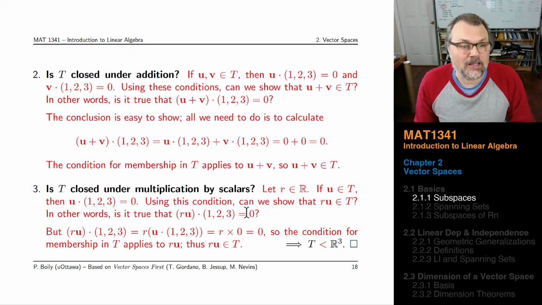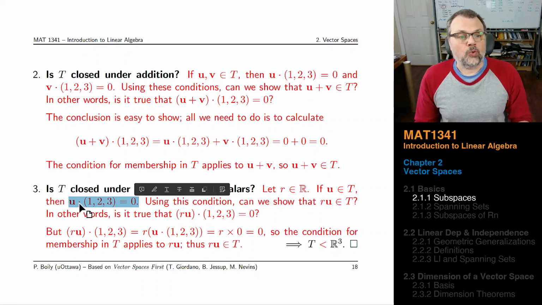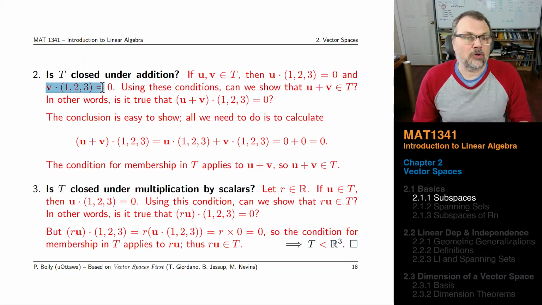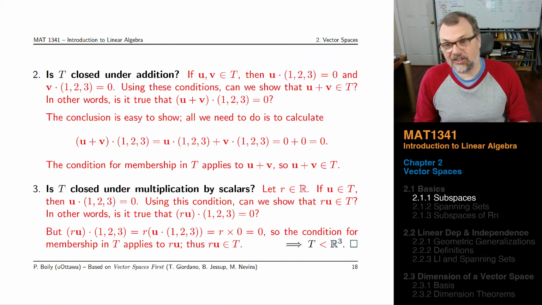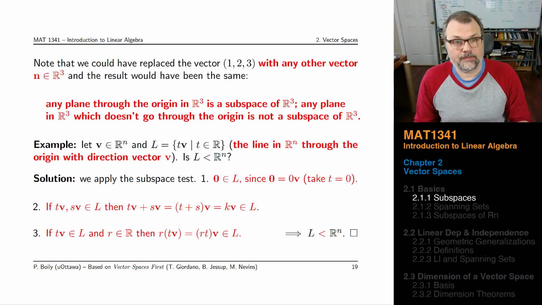Right? The only thing that mattered is that in the condition, we had that u dot the normal vector was 0, and that v dot the normal vector was 0. But if something here was different than 0, then no, we wouldn't have had a subspace.